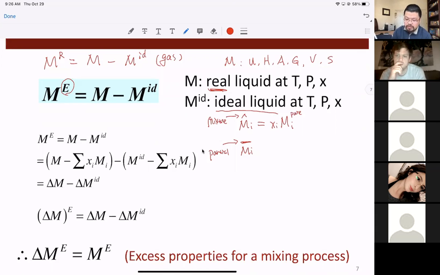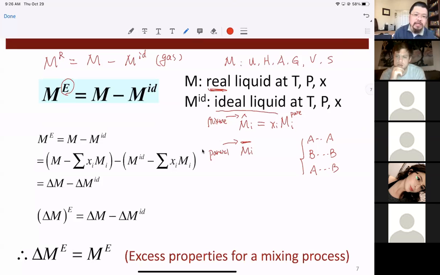So that is the equation for the ideal liquid. And the assumption there is I have A, B, C, D. So the AA interaction is very similar to the BB interaction to the AB interaction. So by adding other liquid components, they are not going to mess up my interaction with my fellow molecules. So that is the understanding of the ideal liquid.